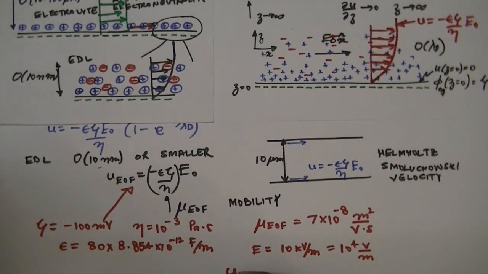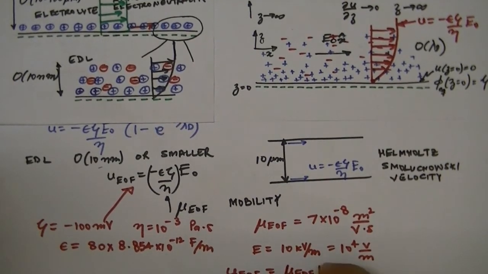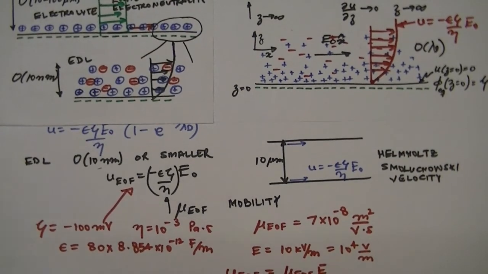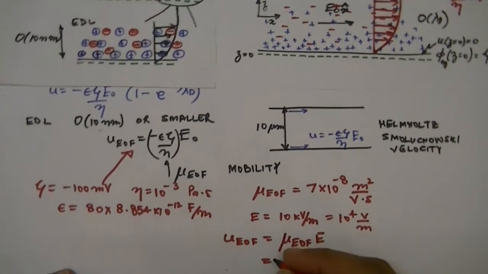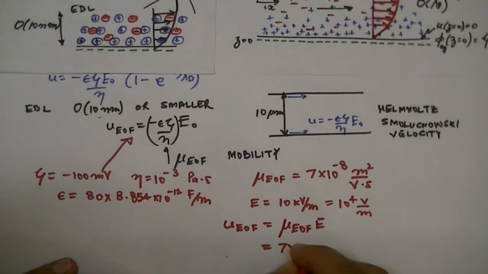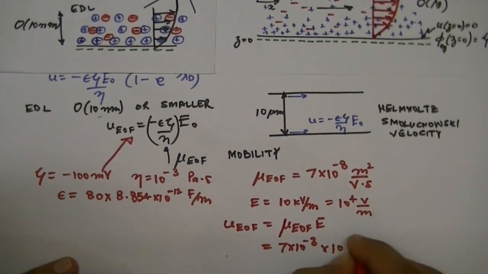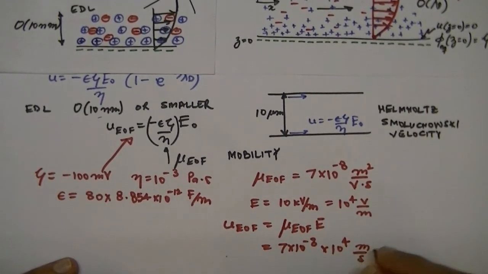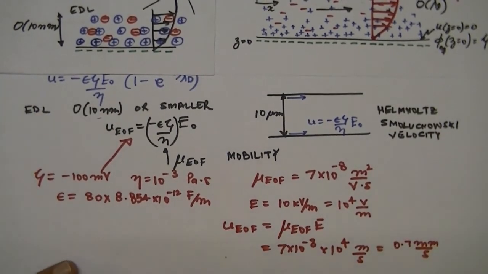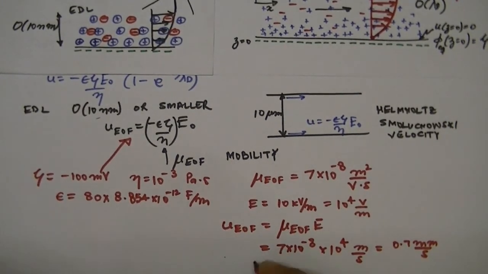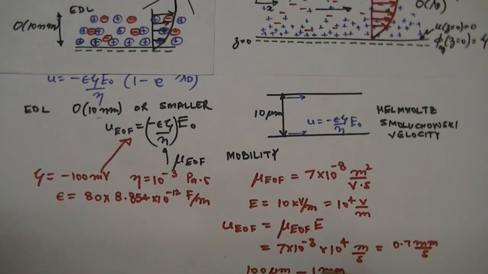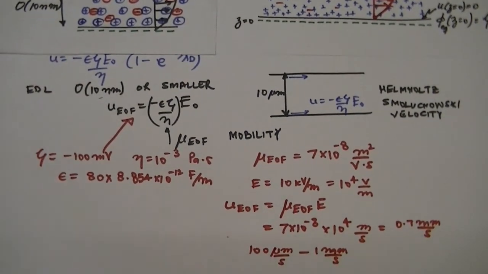So the EOF velocity that you would get is the EOF mobility times the electric field, and that is 7 times 10 to the power minus 8 times 10 to the power 4 meters per second, and this is about 0.7 millimeters per second, or in other words, typical EOF velocity is about 100 micrometers per second to 1 millimeter per second.